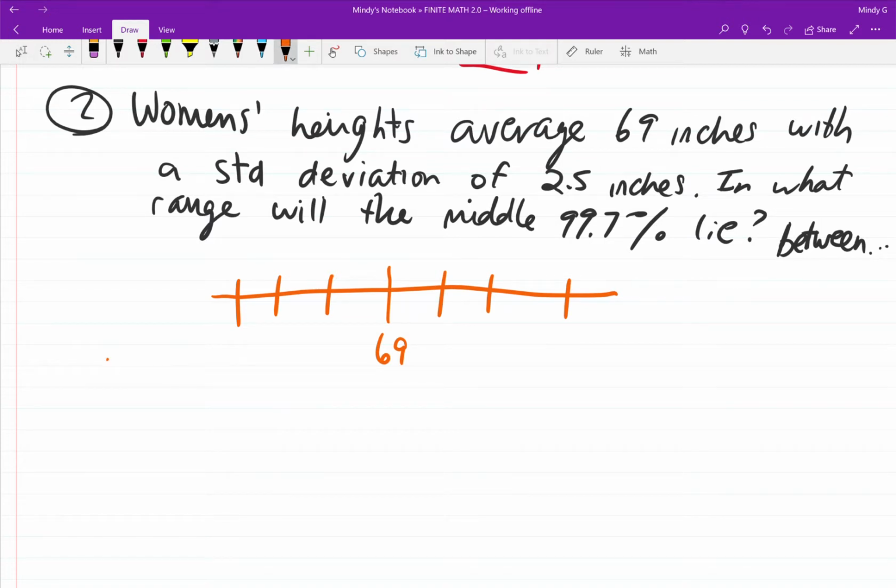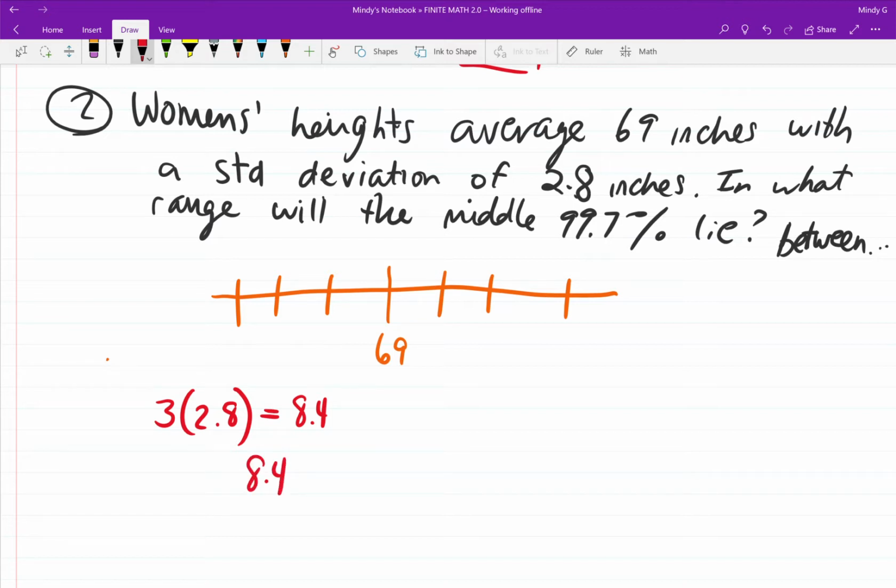So 3 of those is how much? 8.4. So if our mean is 69, we add 8.4 to get the above, and we subtract 8.4 to get the below.